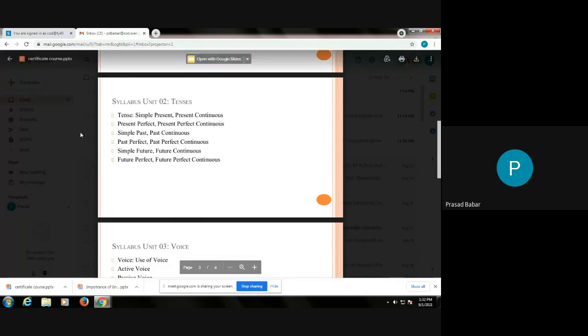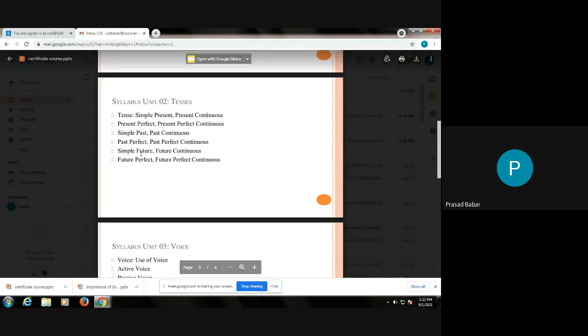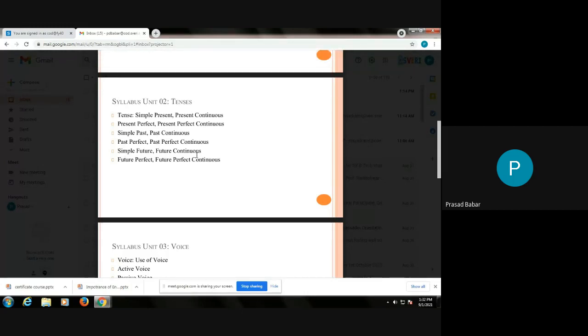After that we will see simple past, past continuous, past perfect, and past perfect continuous. And in the last 2 units we will see simple future, future continuous, future perfect continuous. So this unit will be wholly dedicated to the tenses.